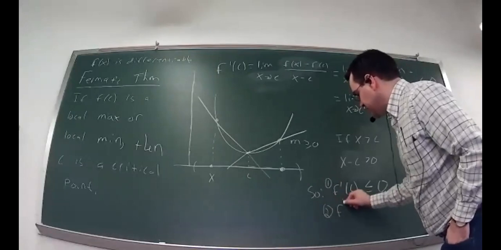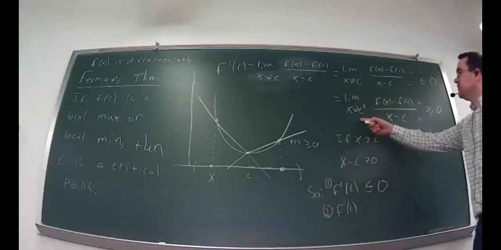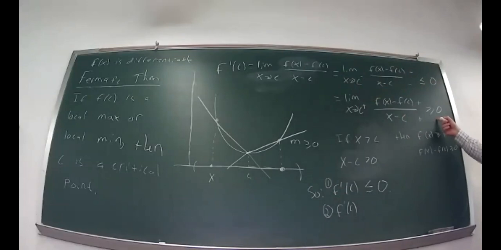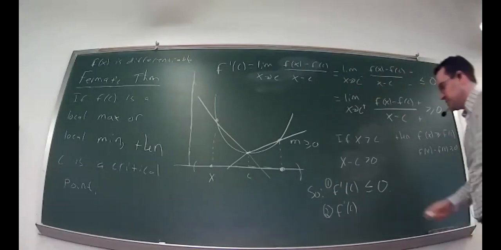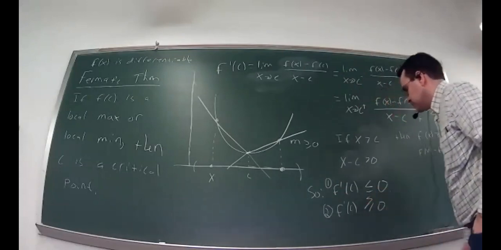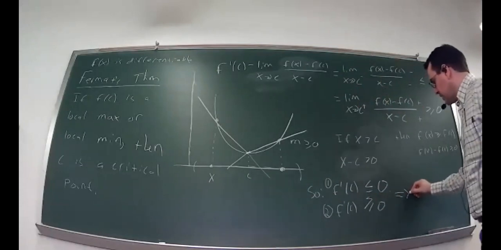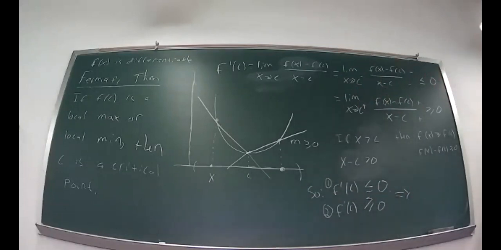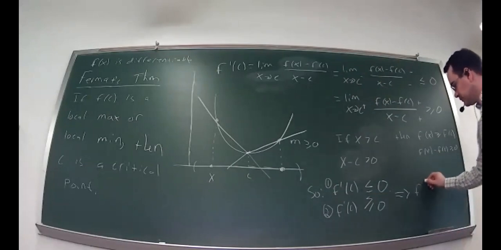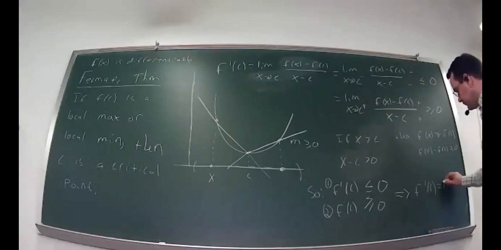Secondly, it shows you that f prime of c, being equal to the right-hand limit, must also be bigger than or equal to 0. Okay, well, what's the only number that's less than or equal to 0 and bigger than or equal to 0? That would be the number 0.